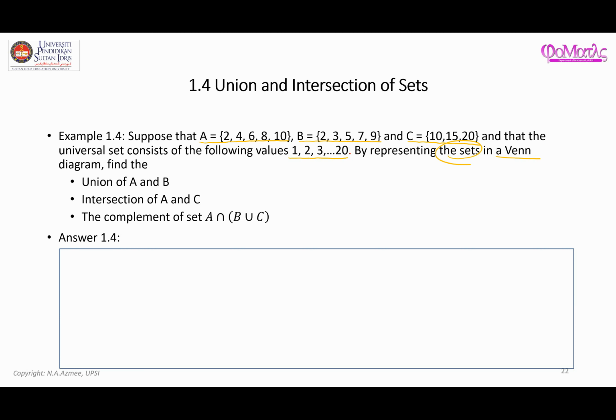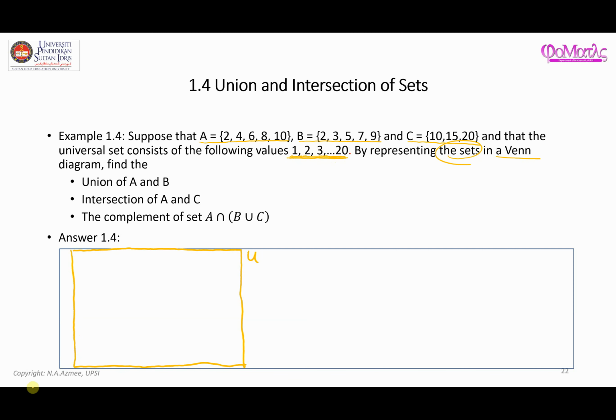So now we're going to start off by constructing a rectangle. This is the rectangle that represents the universal set, and the universal set consists of these values over here.